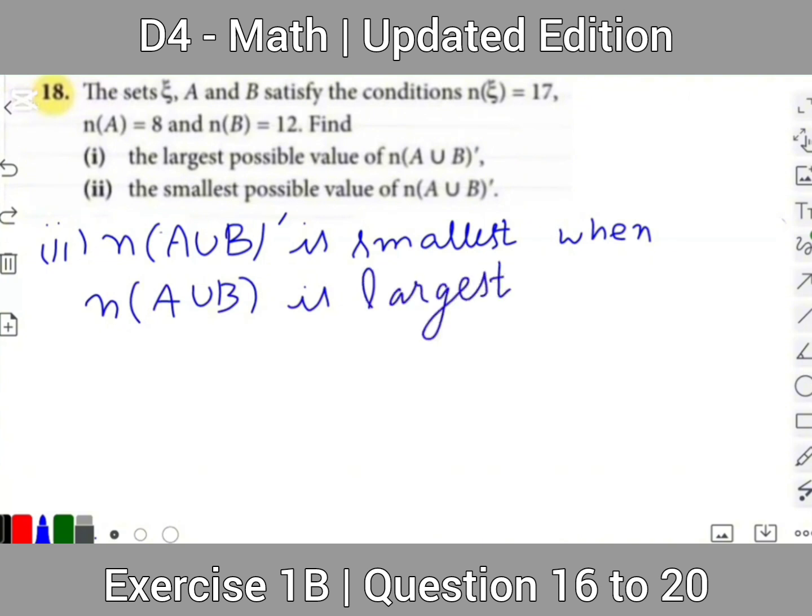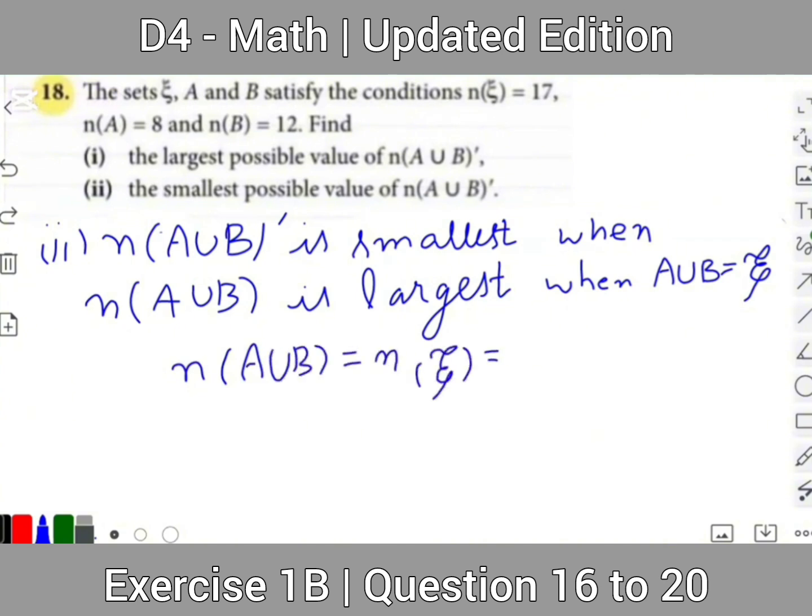And this will occur when A union B is equal to the universal set eta. So n of A union B will be equal to n of eta, and that is equal to 17.